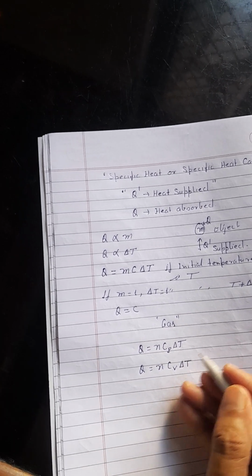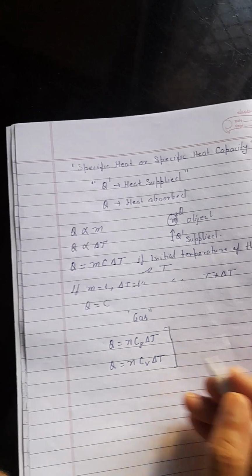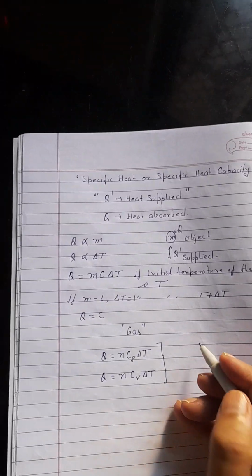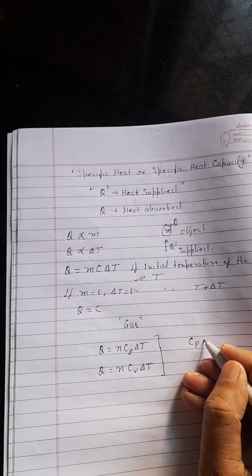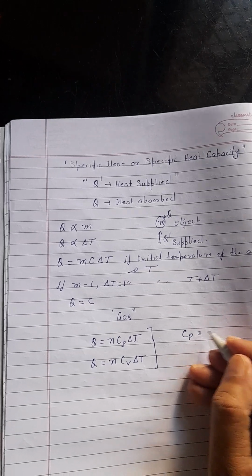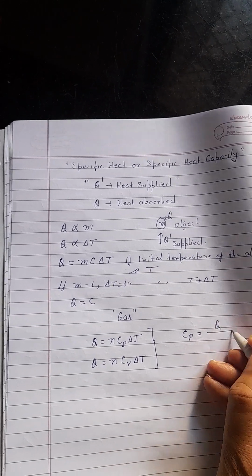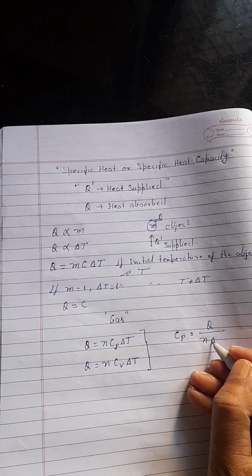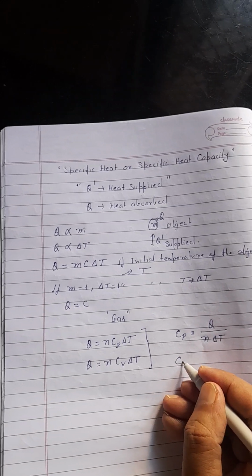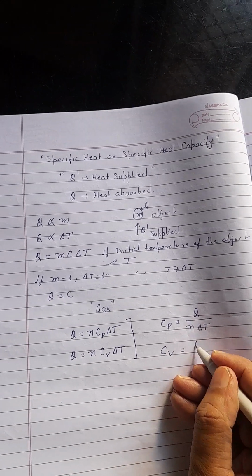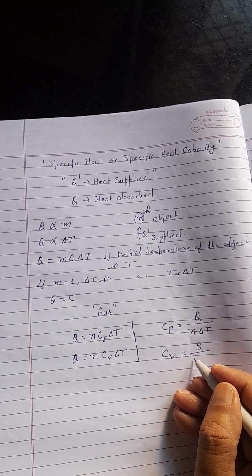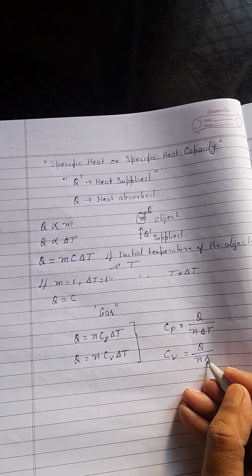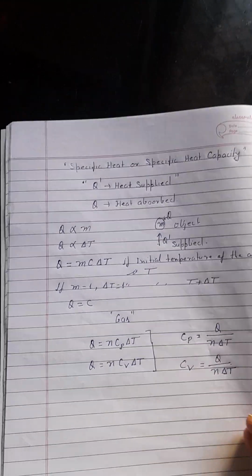It means in the gas there are two specific heat capacities we have to study. Now Cp is equal to Q upon n delta T, and Cv is equal to Q upon n delta T. Okay, now this is clear.